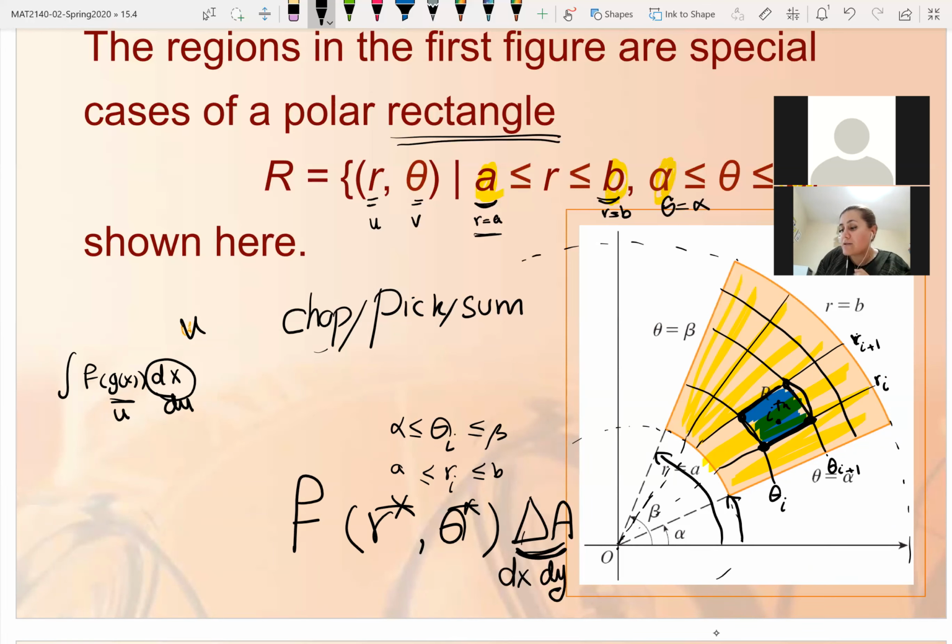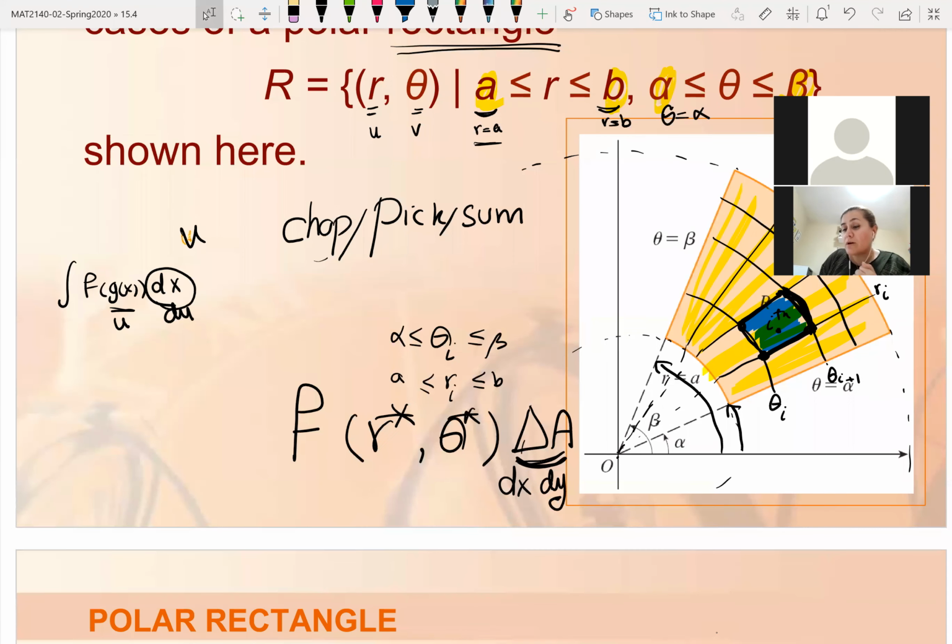It's something like a piece of a sector, okay? I'm not worried about the geometric part behind that. Do you need to know the area of the sector? No. All you need to know is this is not going to be exactly the same as the rectangle that was dx dy. So this is different.